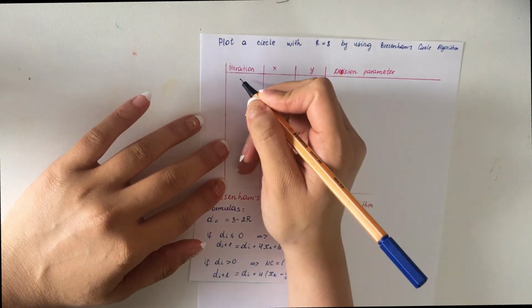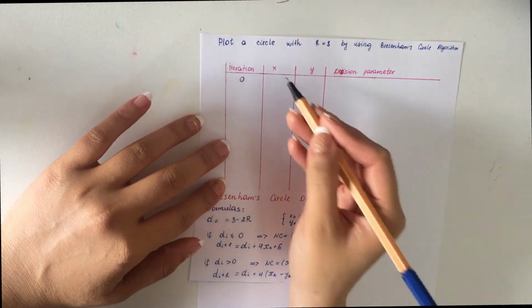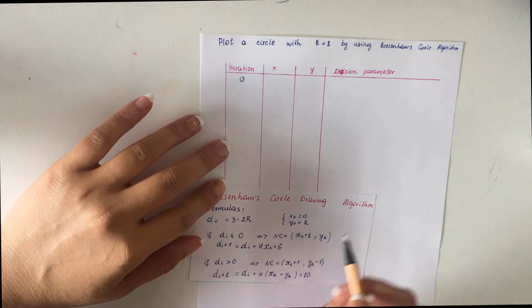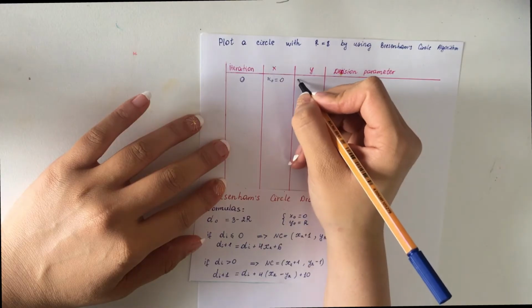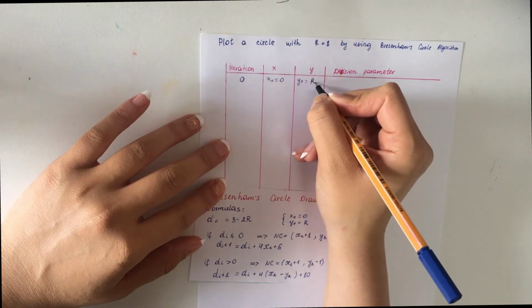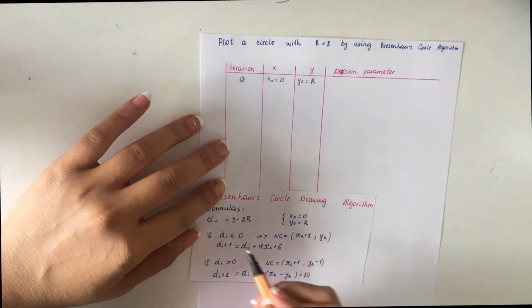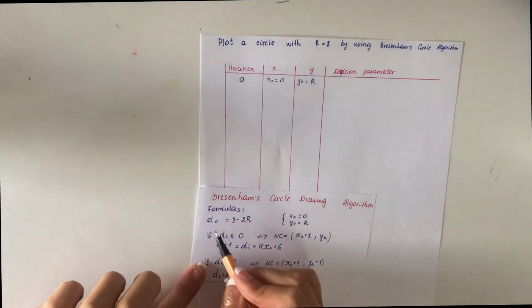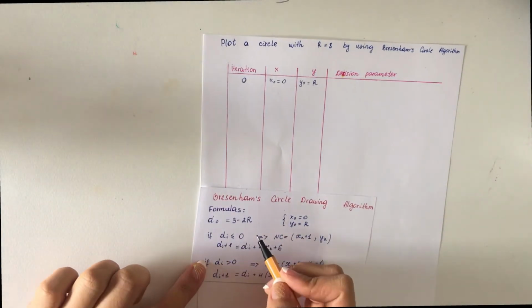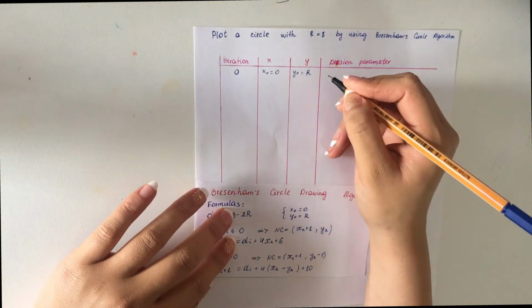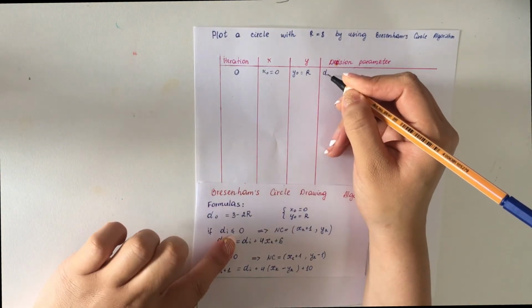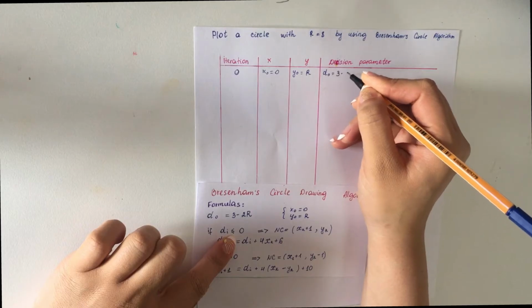Let's start with the algorithm. As you see in the formula, the initial values of x and y coordinates are respectively 0 and r. Now it's time to find the initial decision parameter, which you see in the formula: D0 equals 3 minus 2r.